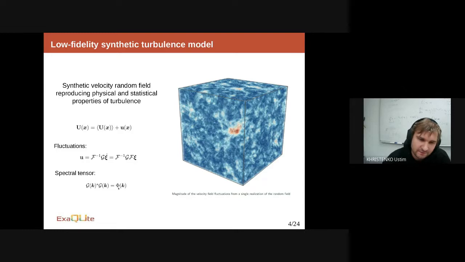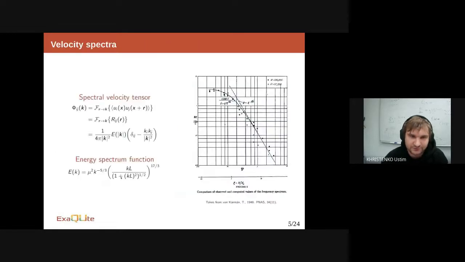And phi denotes here the spectrum of the correlation function itself. How it looks, there is a lot of literature on this topic, and for example, for a simple isotropic field, the form of this spectral velocity tensor is known.